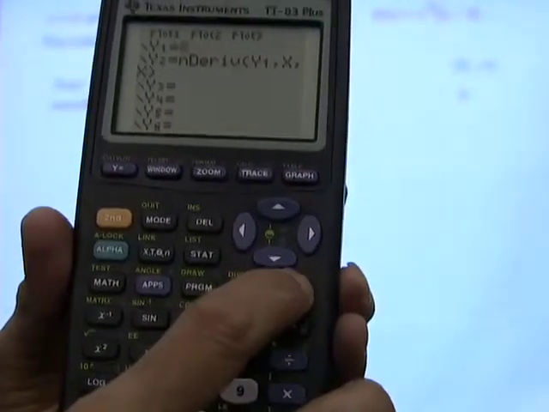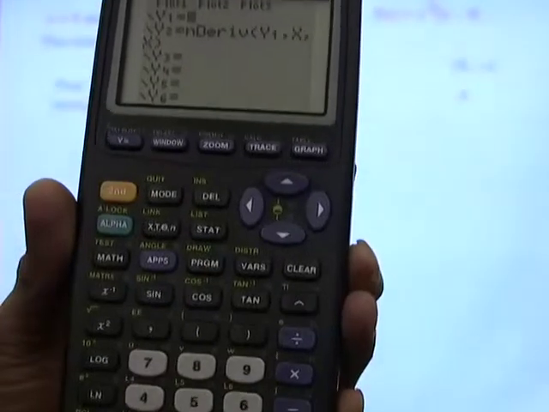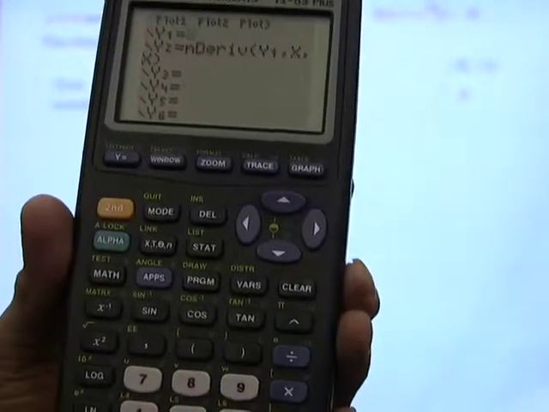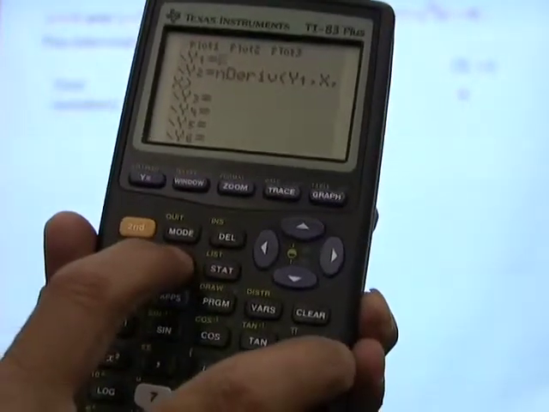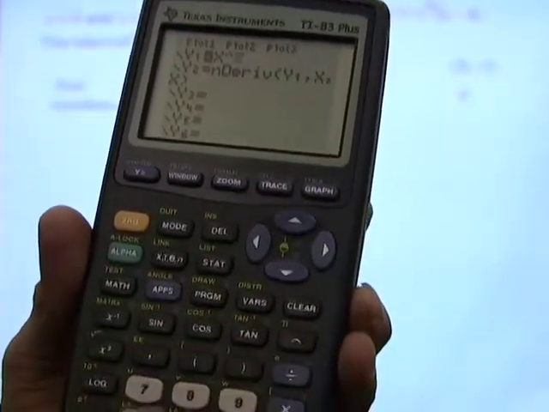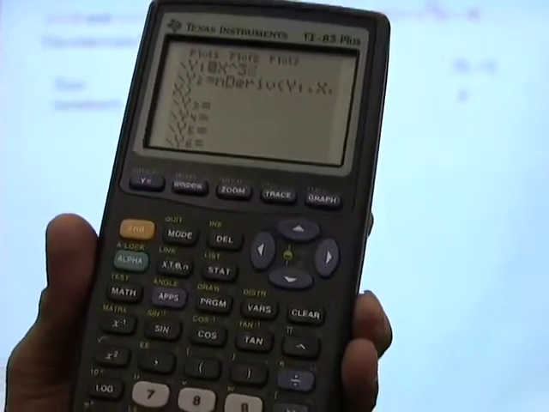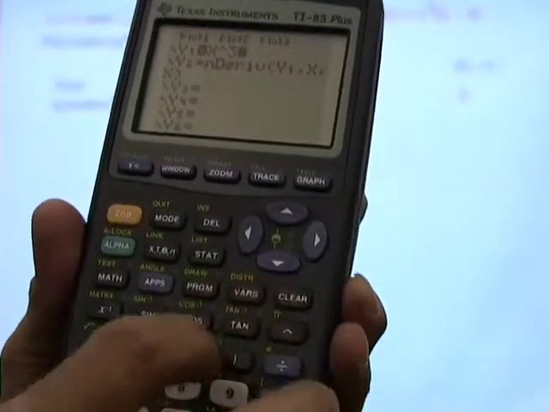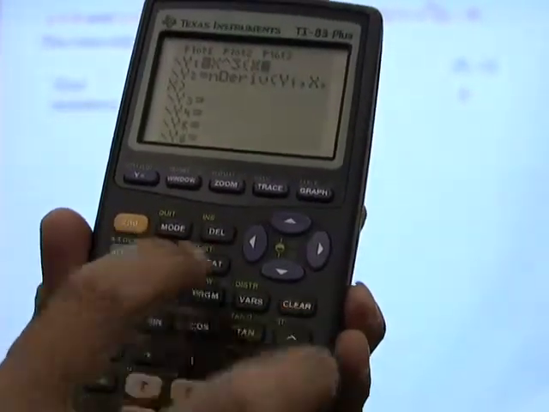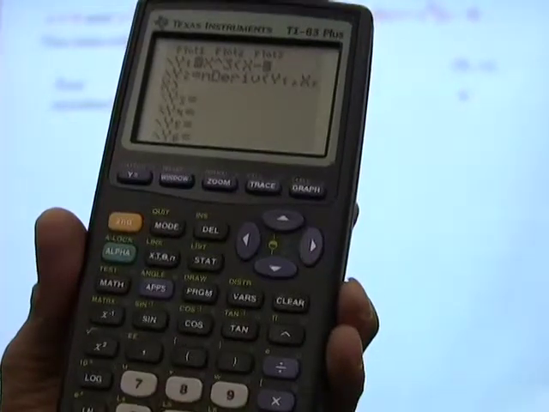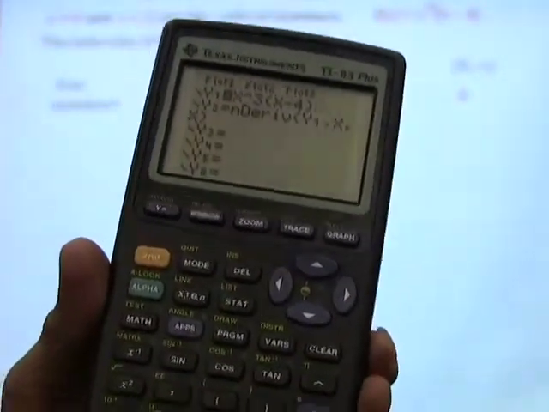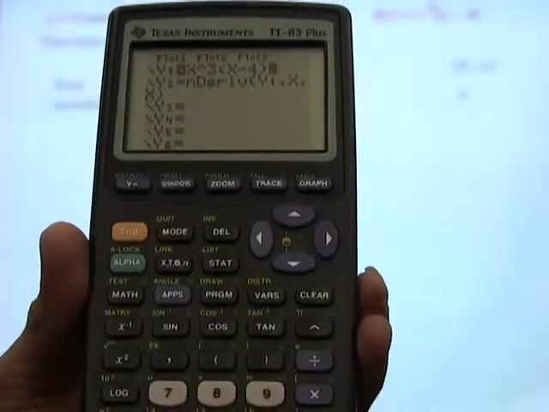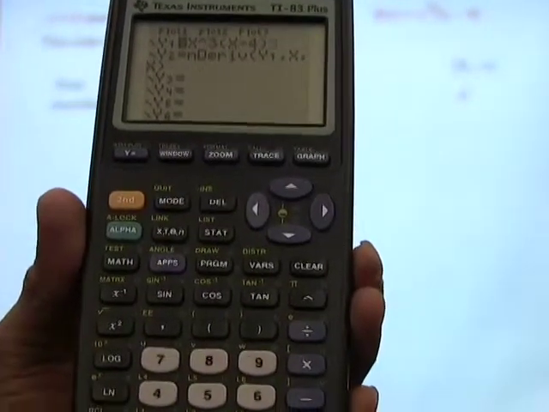Clear y1. y1 is x cubed times x minus 4. So we say x to the power of 3 times x minus 4. That's our function, f of x equal to x cubed times x minus 4.